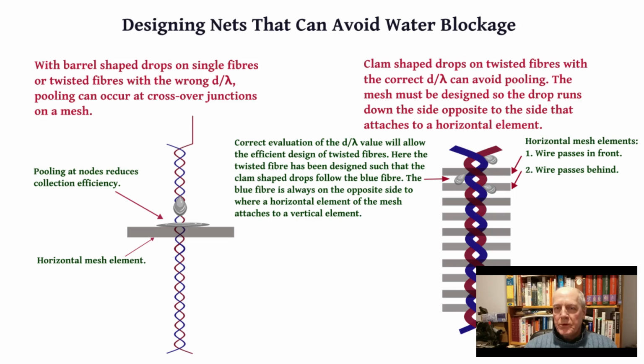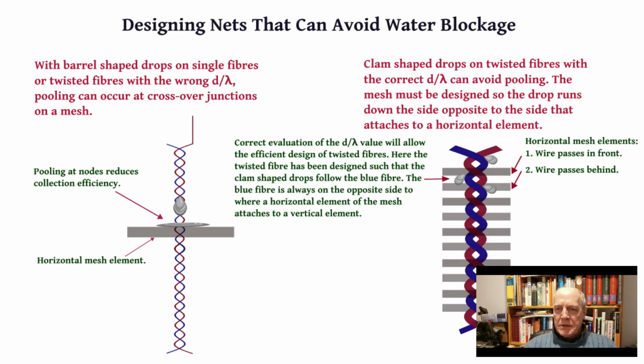Now, one of the problems with typical netting is that where you have a crossover junction, in other words, where there's a horizontal element and a vertical element, water tends to collect at that junction. Now, this makes the collection process much more inefficient.